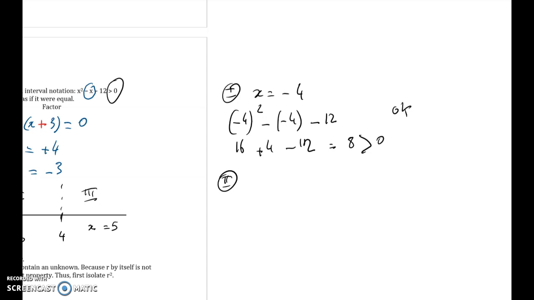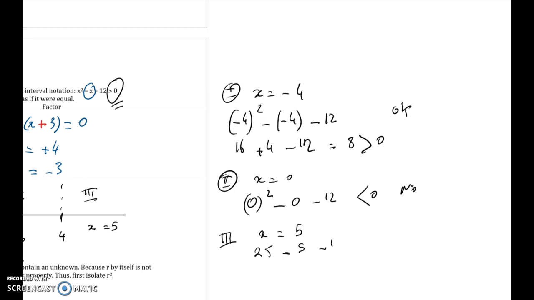In the interval number 2, when I substitute x equals 0, I get 0 squared minus 0 minus 12. That is a negative number. I need to find something positive, therefore this is not okay. Finally, the interval number 3, x equal 5, we have 25 minus 5 minus 12, 20 minus 12 equal 8. This is positive, so that is okay.